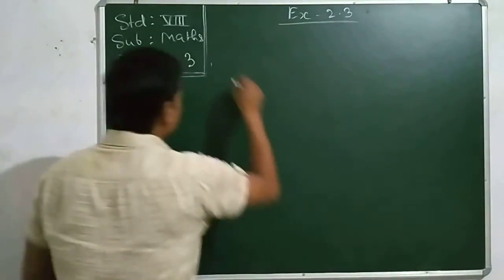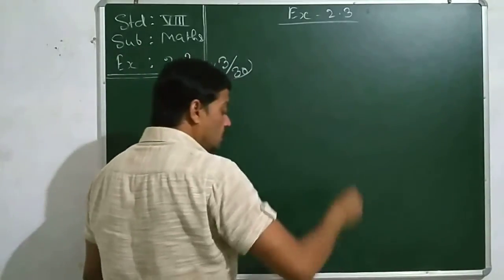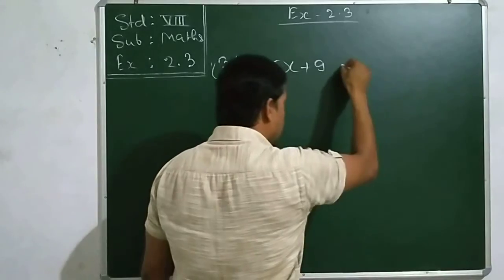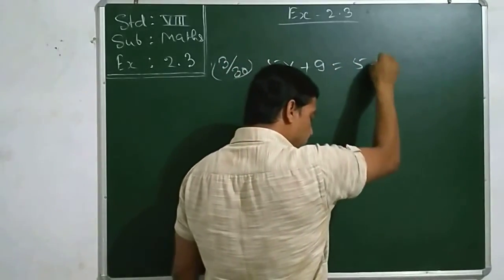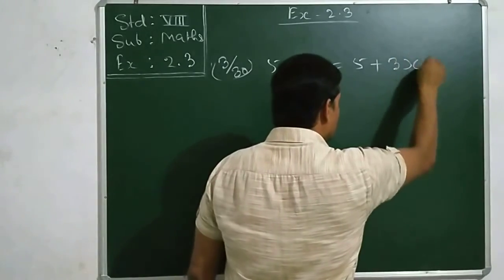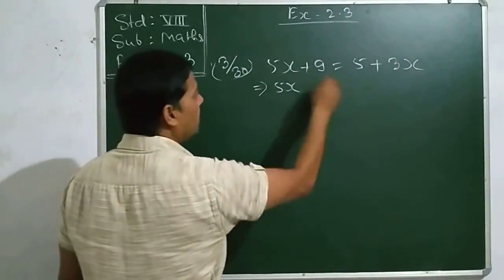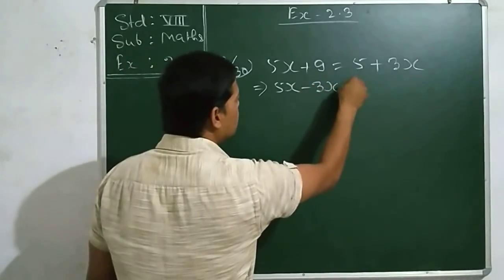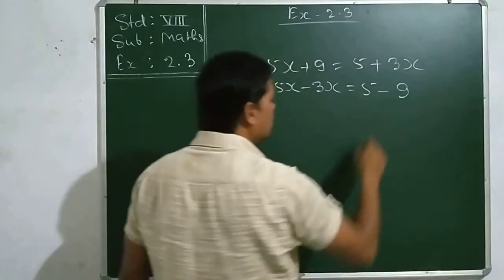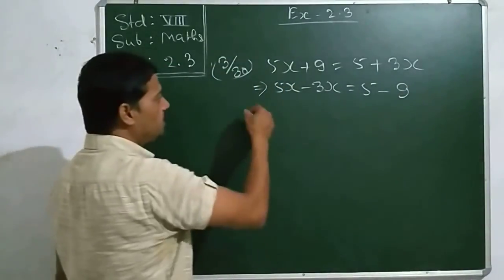In the number 3 sum, it is 5x plus 9 equal to 5 plus 3x. Once again transpose the variables to the same side. 5x minus 3x, and 5 minus 9, as we had done in the number 2 sum. Similarly you will do in number 3 also.